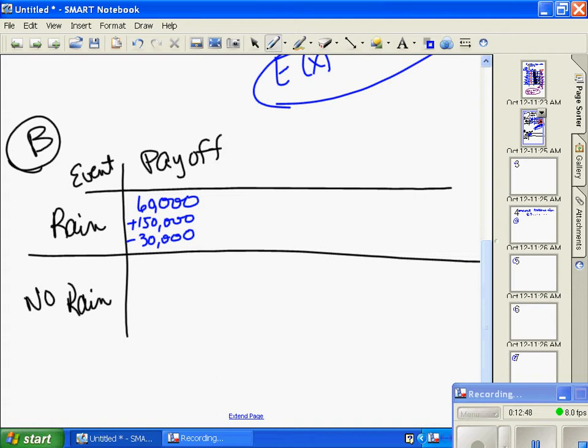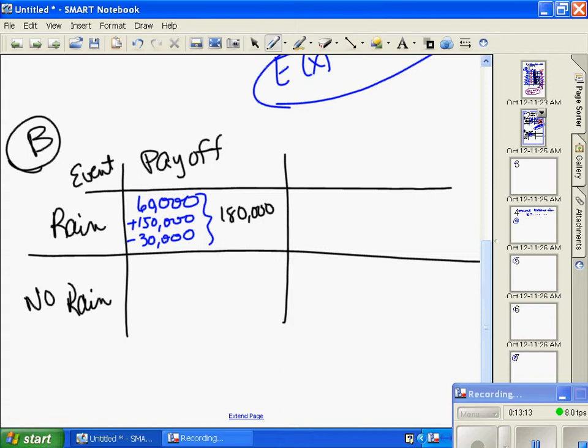But remember, before you even started the concert season, you had to pay $30,000 for that insurance policy. So I had to subtract that from my profits. So I add the $60,000 and the $150,000 and subtract $30,000. And I get a total of $180,000 for my payoff if it rains.